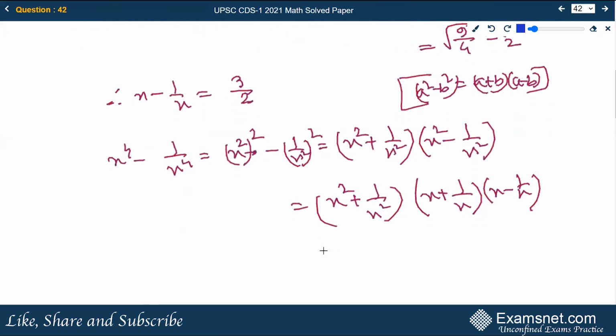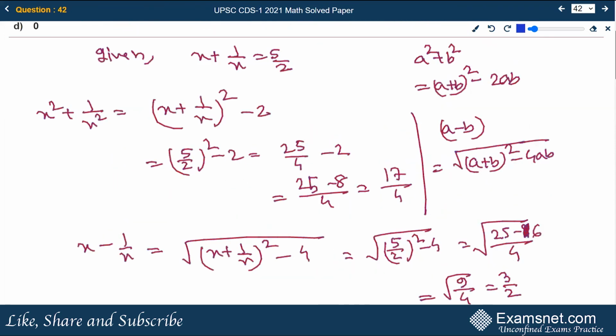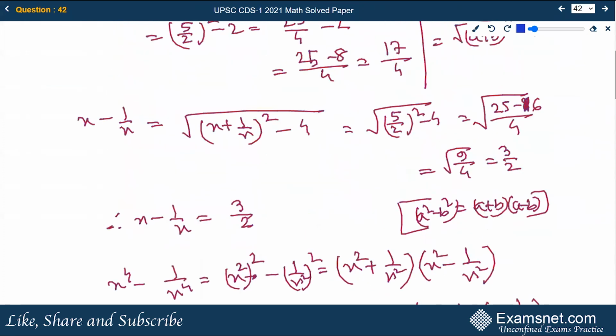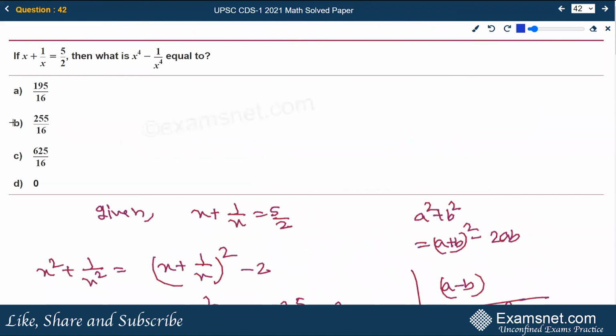Now let's put all the values that we have got here: 17 by 4, 5 by 2 and 3 by 2. We have to do the multiplication. 2 times 4 times 4 is 16, 51 and 255. This is the value, 255 by 16. Here option B is the correct answer.